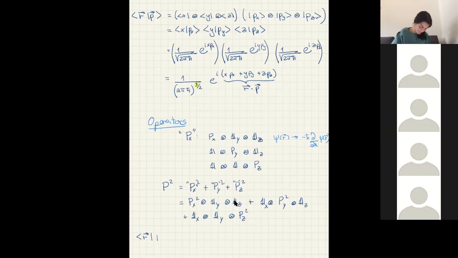R, p squared, and the state, this is going to be minus h bar squared, and here all the derivatives.